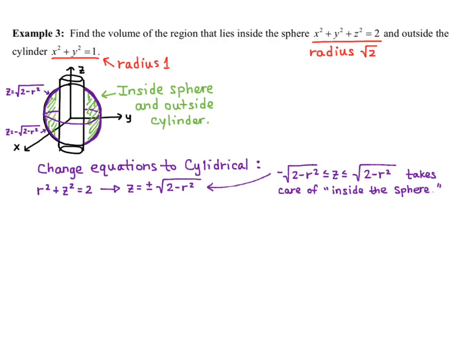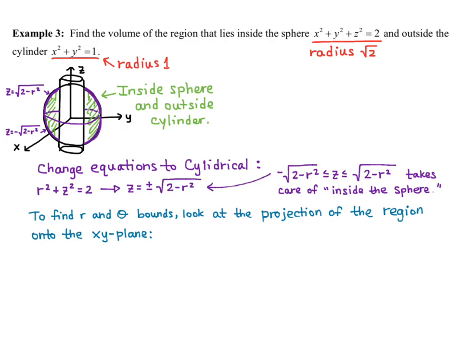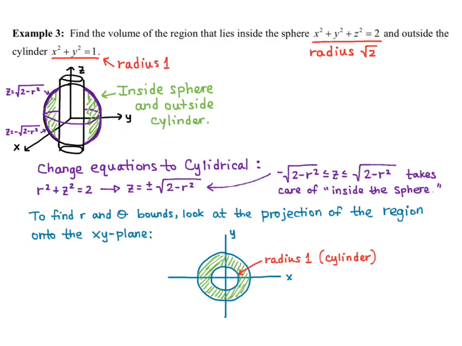Now, to find r and theta bounds, we want to project the region onto the xy plane. So if I just collapsed it all down onto the xy plane, basically I'd have a circle with a hole cut out of the center, and that hole in the middle would be radius 1. So I end up with my hole of radius 1 and my outer circle of radius square root of 2.